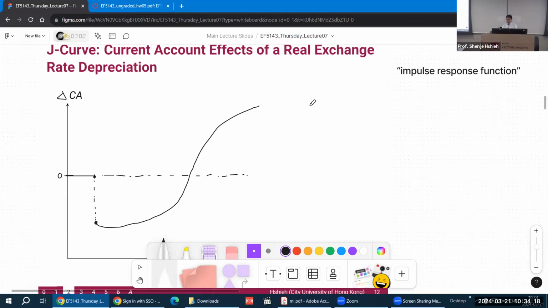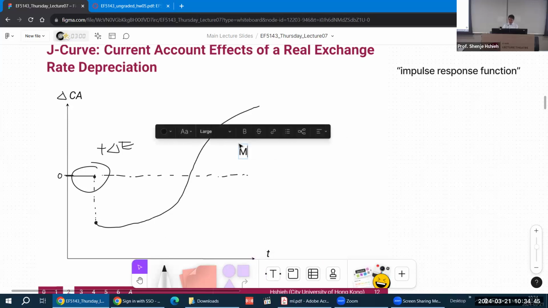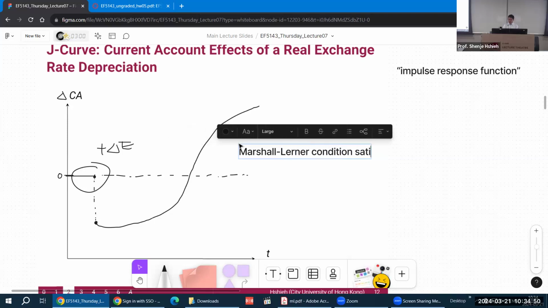So change in CA, specifically, at this point here, we are inducing a positive change in Q, or change in E. So we introduce a change in E, current account becomes negative, but it slowly increases to positive area, in which case we conclude that the Marshall-Lerner condition is satisfied.